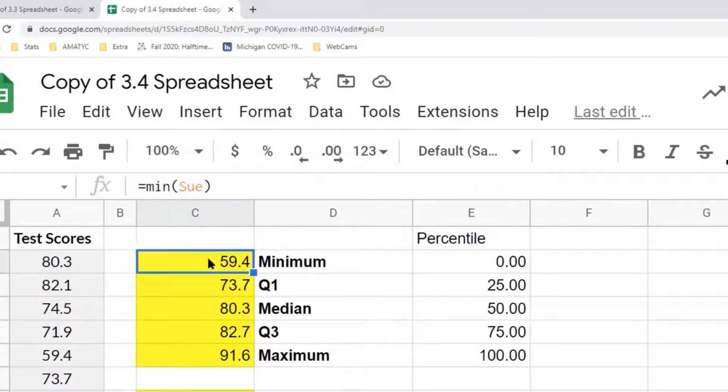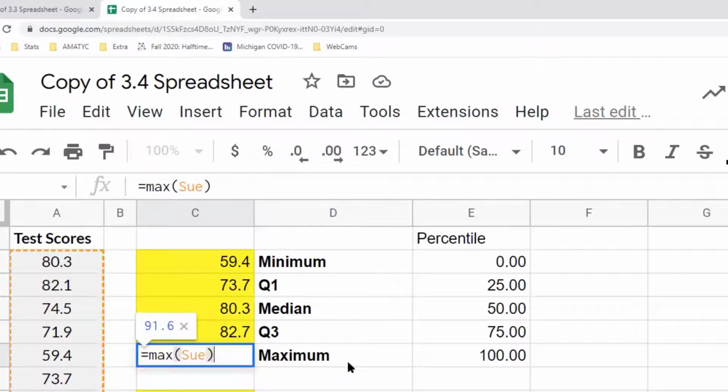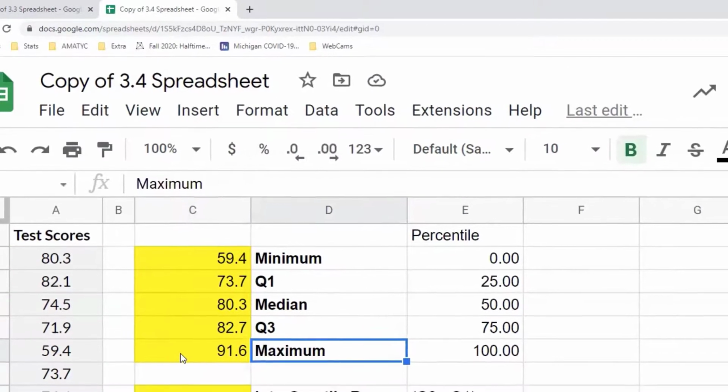Now you'll notice these numbers are sequential. The 0th, the minimum, is 59.4. Q1, the value below which 25% of all the test scores fall, is 73.7. The median, the 50th percentile, below which 50% of the test scores fall, is 80.3. Q3, the 75th percentile, below which 75% of all the scores fall, is 82.7. And the maximum value is 91.6.